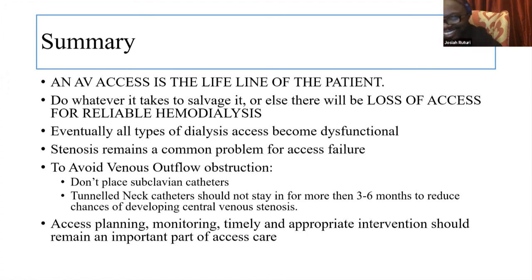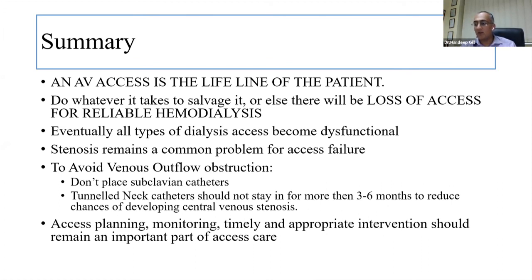So how can we treat pain and numbness of the fingers in the fistula hand? If you only have pain and numbness, that's actually a symptom of steal, so distal ischemia. It depends how severe it is.